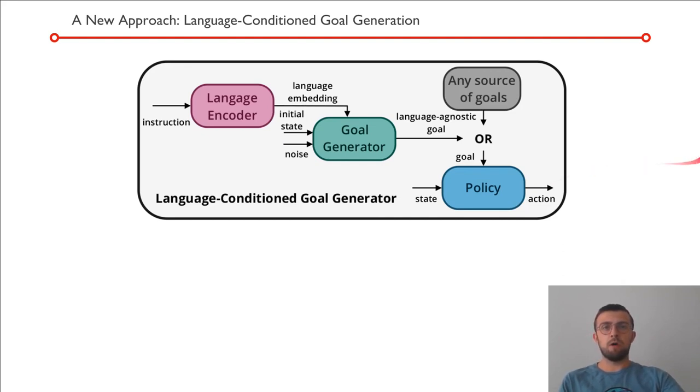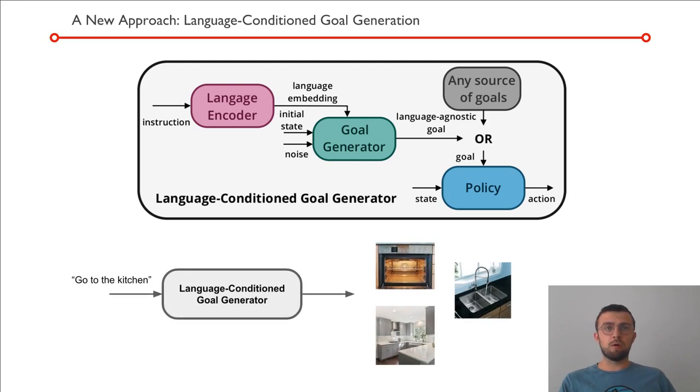On one side, we have a traditional goal-directed setup with a language-agnostic goal space. On the other side, we train a goal generator that generates language-agnostic goals, but is conditioned on a language instruction. If we have the instruction, go to the kitchen, we might sample specific goals that match that instruction.